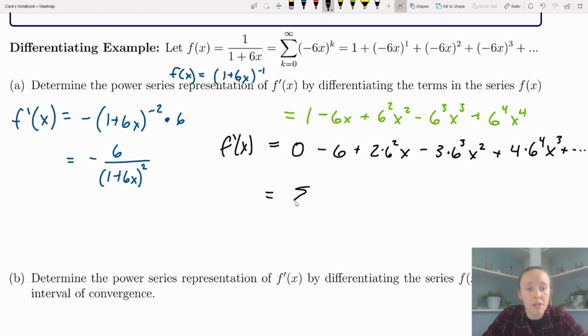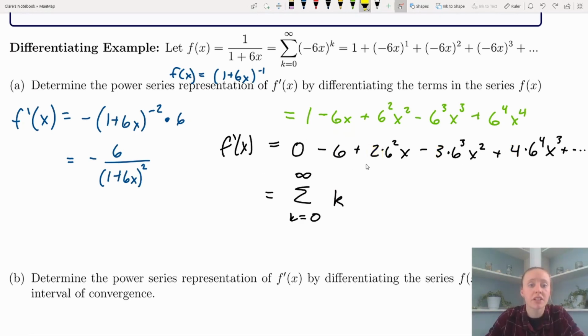So we're going to have the summation from k equals 0, we'll start at that starting index of 0, to infinity of, well, notice I have 0 in my first term, and then if I'm looking at this 2, 3, 4 pattern, that's kind of like a k, because this would be k of 0, k of 1, k of 2, k of 3, 4, and so on. So I have my k. That takes care of 2, 3, and 4.